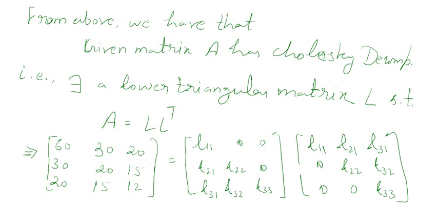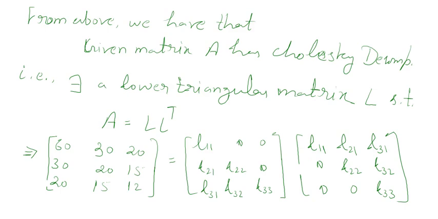So if I go through it once, let me find some of the values, and the rest I will leave as an exercise. If you multiply the first row with the first column, what it will give you is L11 square is equal to 60.